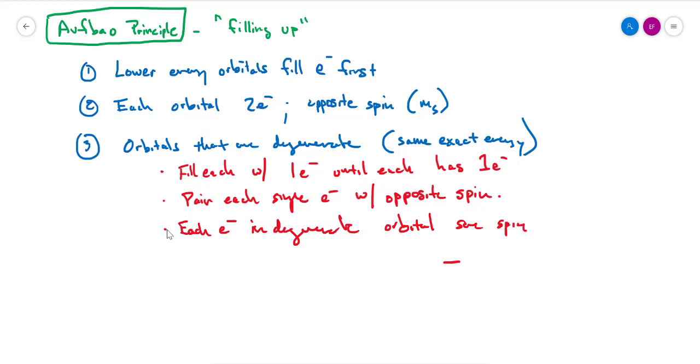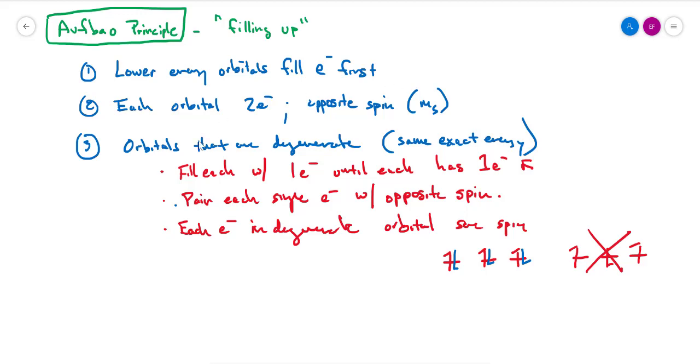So for example, if we have 3 degenerate orbitals and we're going to fill them up 1 at a time, as is mentioned in this first case, they're all going to be spin up to start with. We're not going to have 1 in spin up, 1 in spin down, 1 in spin up. They'll all be in the same spin configuration as we first fill, and then we pair each single electron with the opposite spin. So if we add more electrons, then we're adding and pairing with the opposite spin in this case.